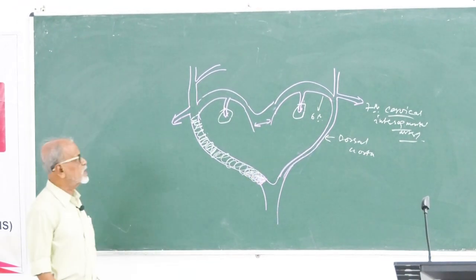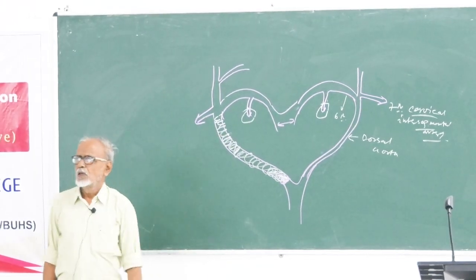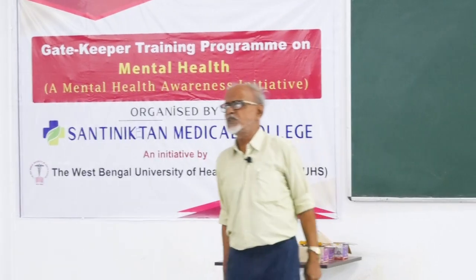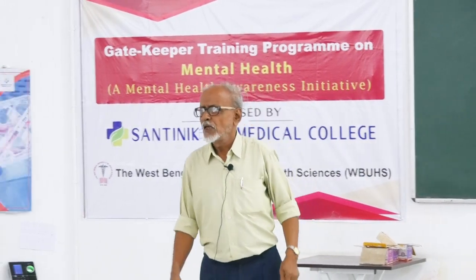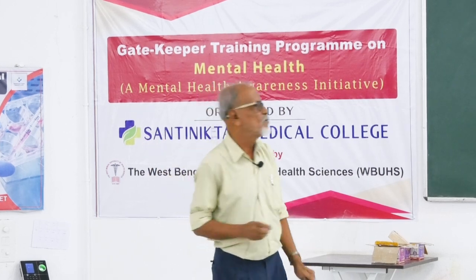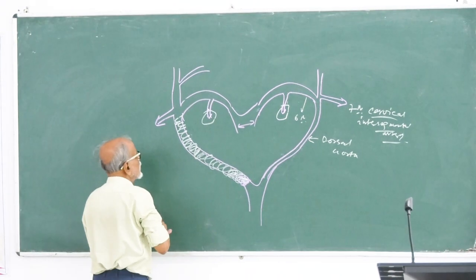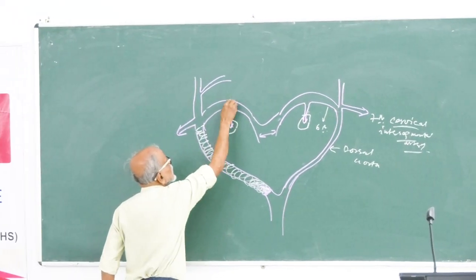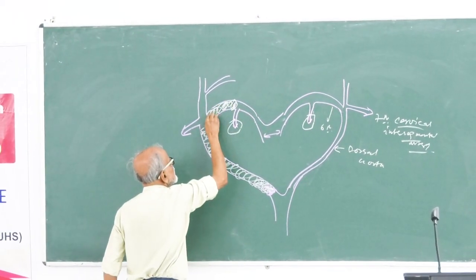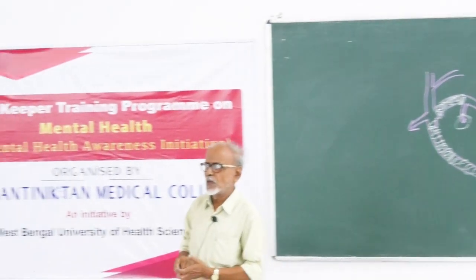Therefore, what happens involving the right sixth arch? The distal part of the right sixth arch obliterates as well. This part undergoes obliteration.